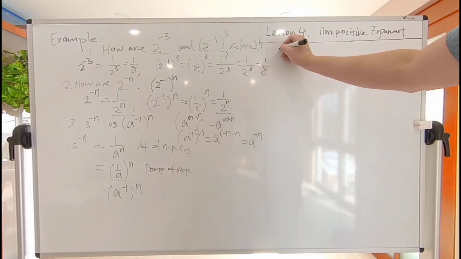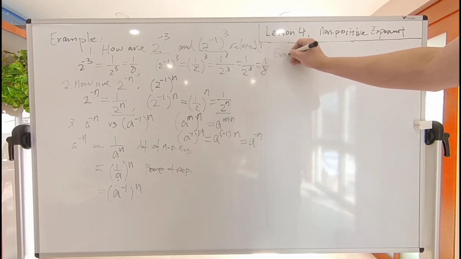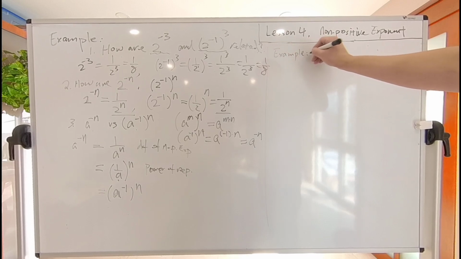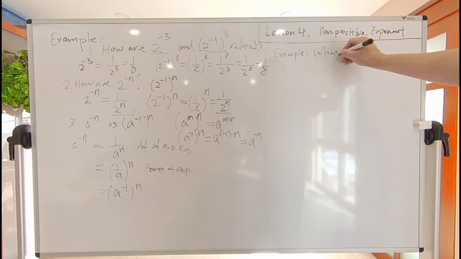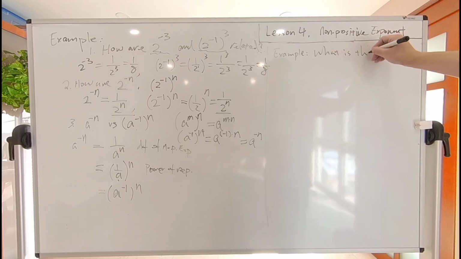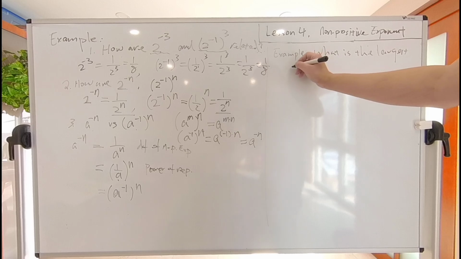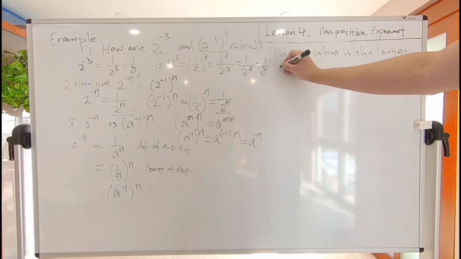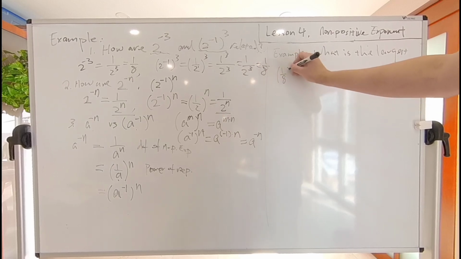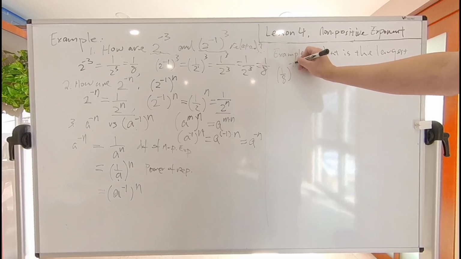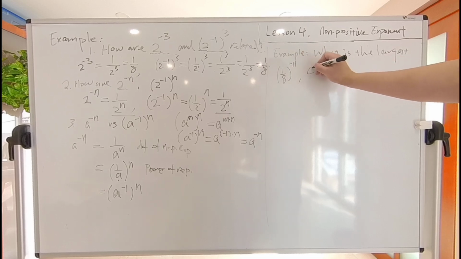Okay, let's see one more example. What is the largest number among the following numbers? I have 1 over 8 to the negative 11. I have 4 to the 16th power.